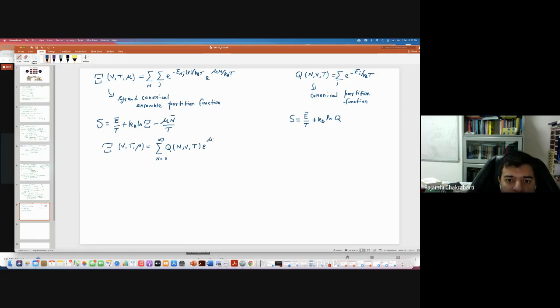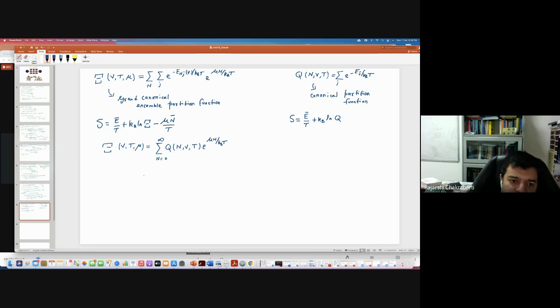Is this clear? Can I write like this? Just look at it. Basically, you can express your grand canonical partition function in terms of the canonical partition function.